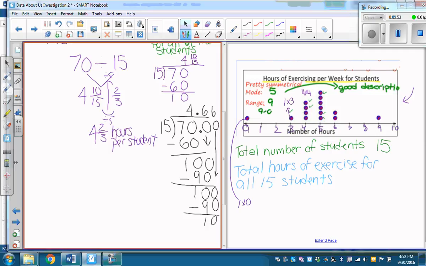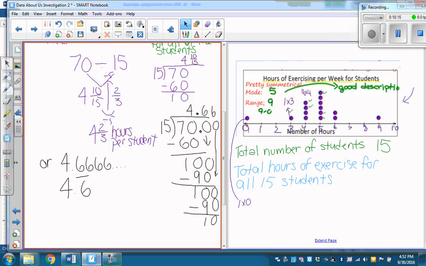So another way to think of that is 4.6666. It's going to keep going. So we write that with a bar over the 6. But it's also really important that you can make meaning out of that. And so I would suggest you go to 2 decimal places, which means look at the 3rd decimal place.